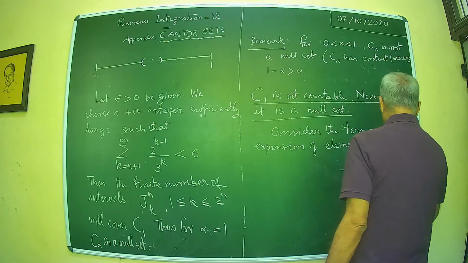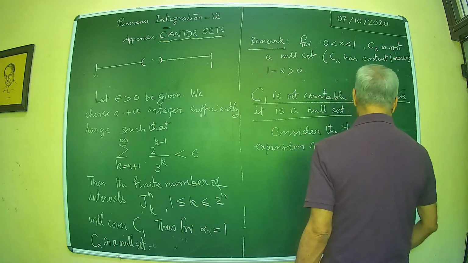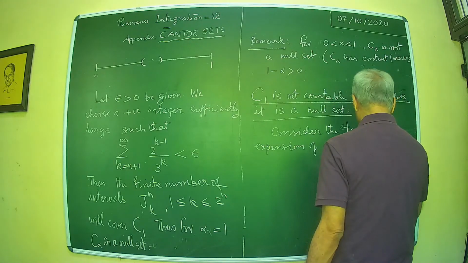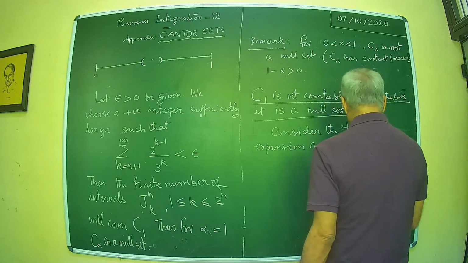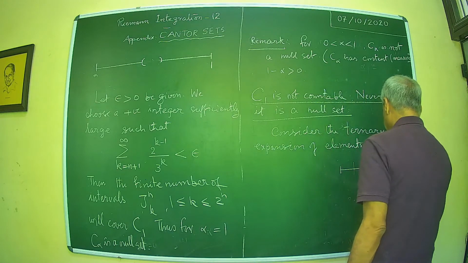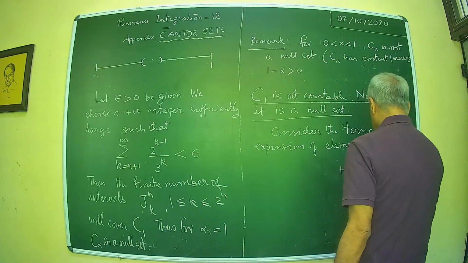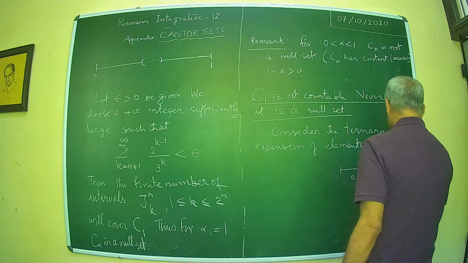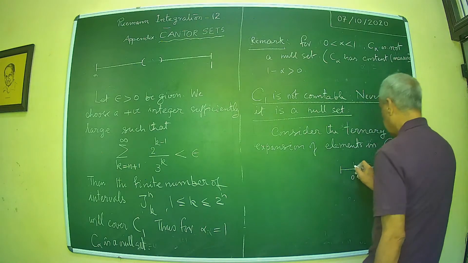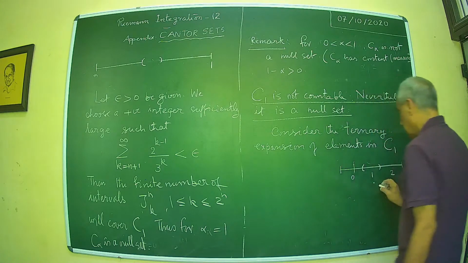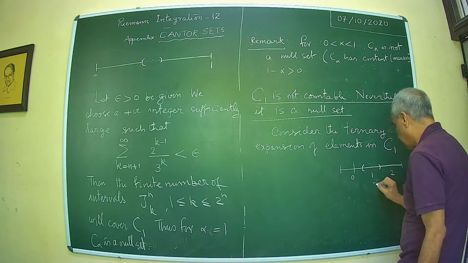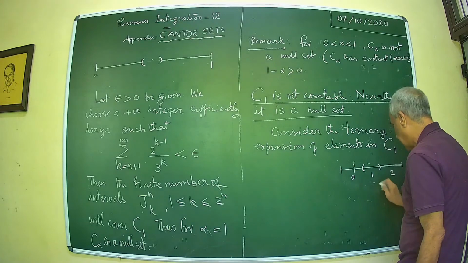Now, if you take C1, what happens? At the first stage you remove the middle one third, open. Now, if your alpha happens to be in the first piece, you designate this by 0, the middle by 1, and the last by 2. If it is going to be here, we designate the first place of the ternary expansion as 0.